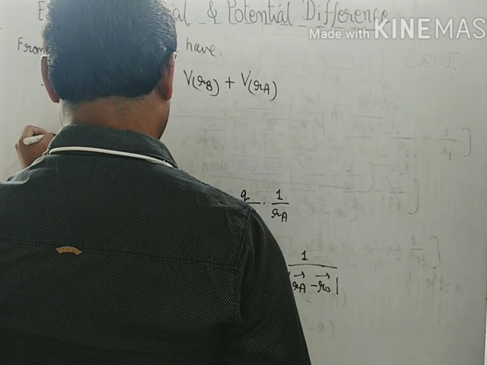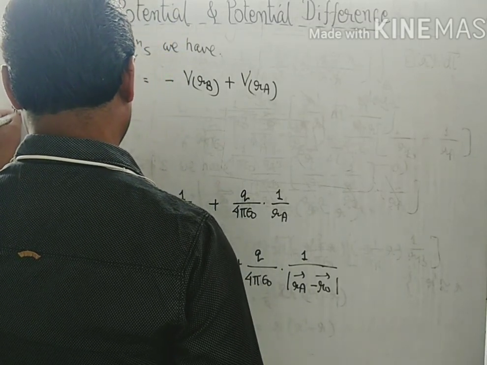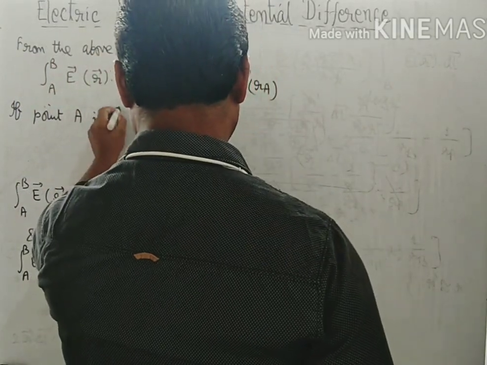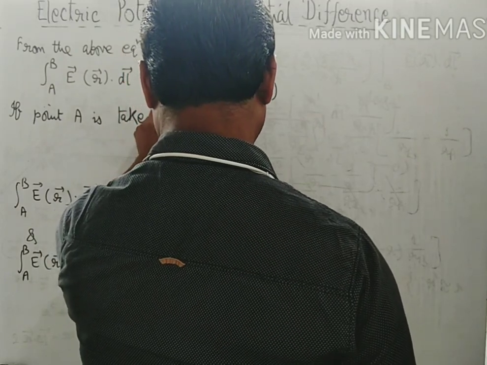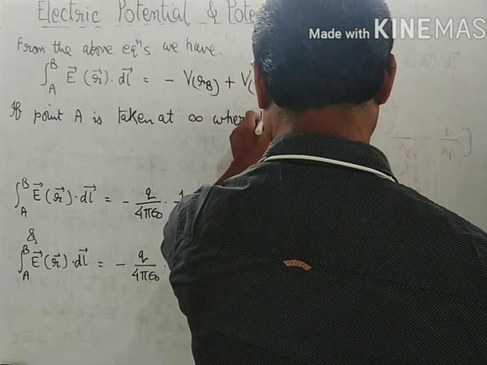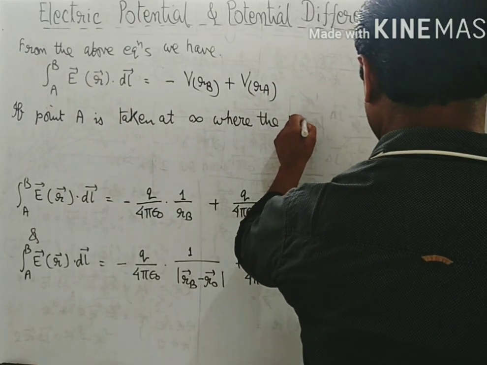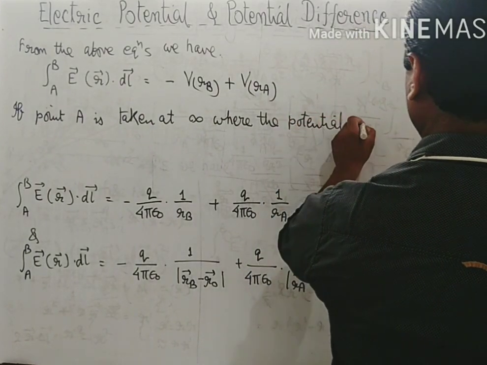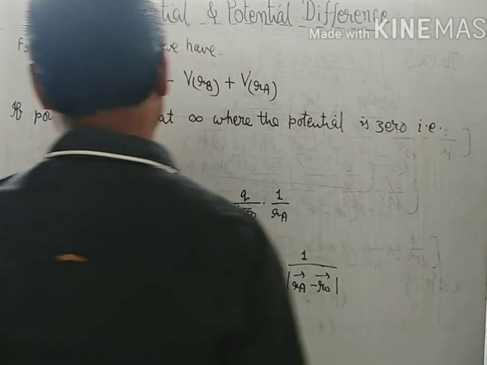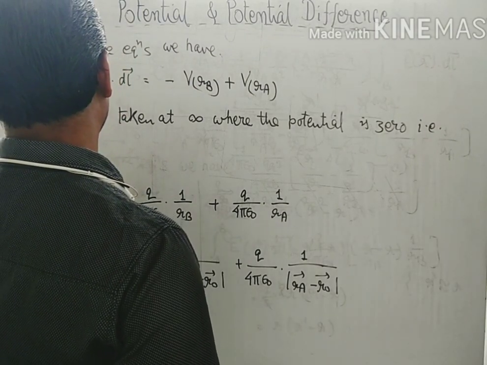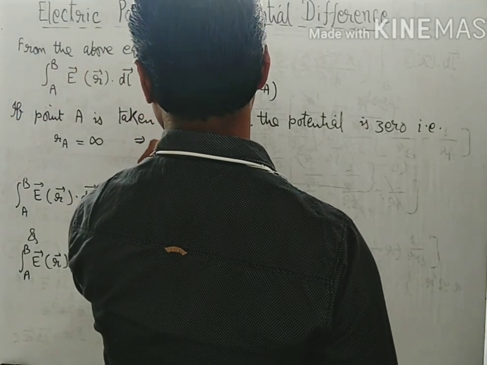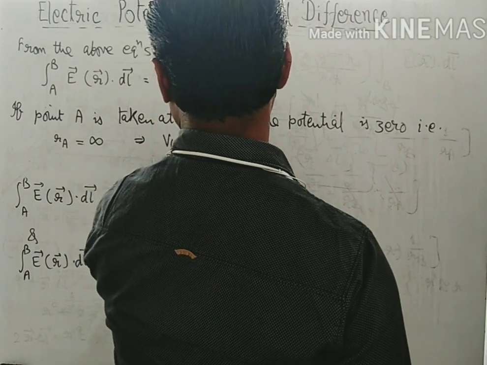If point A is taken at infinity where the potential is 0, that is, RA is infinity, it implies V at RA would be 0.